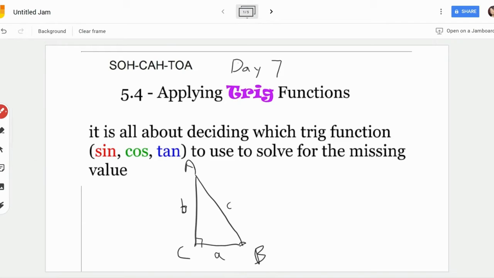A pro tip here is that everything in this triangle matters according to the angle from whose perspective you're looking. So it's always from the perspective of the angle you're talking about.